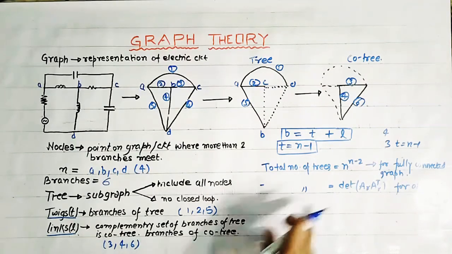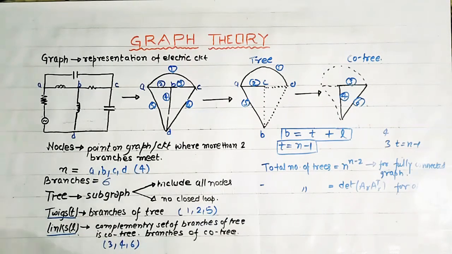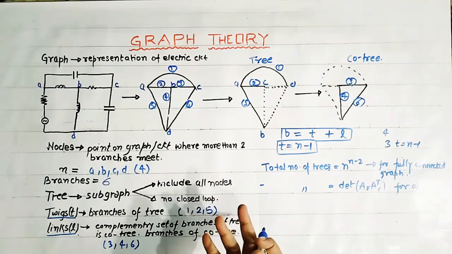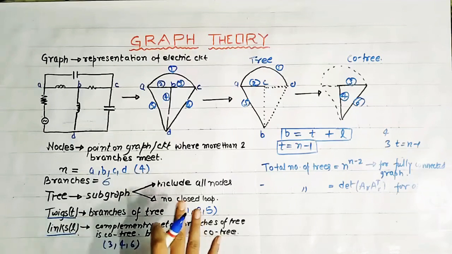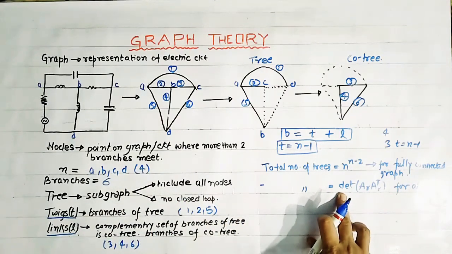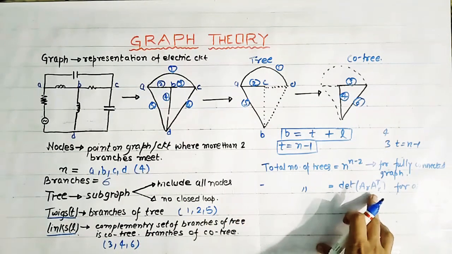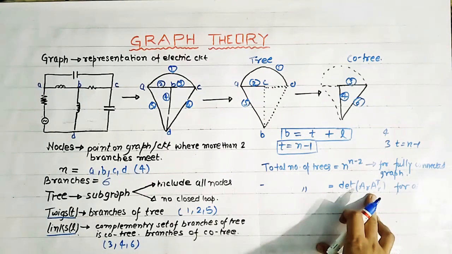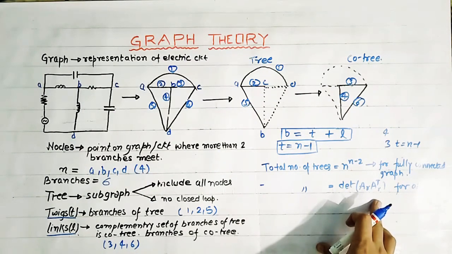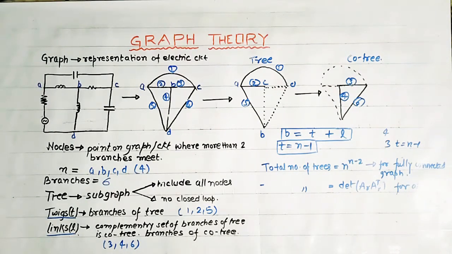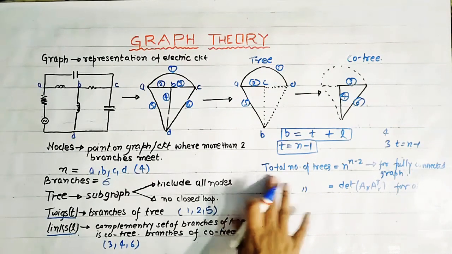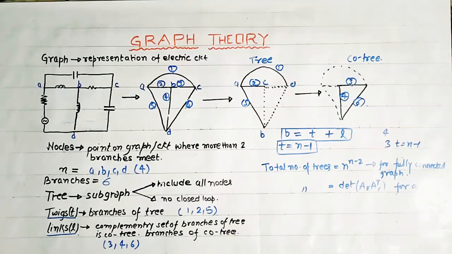While in case of any graph, if you have to find the number of possible trees, then the formula is the determinant of the reduced incidence matrix times the transpose of the reduced incidence matrix. So it will give the total number of possible trees for any graph. But if a fully connected graph is given, then we can easily find the total number of trees.